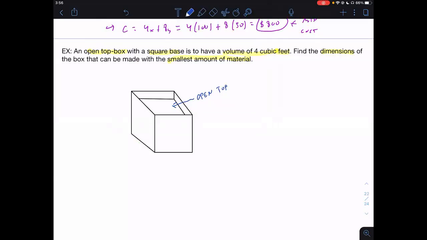X is going to equal the length of each side of the base. Let's say this will be x, x.